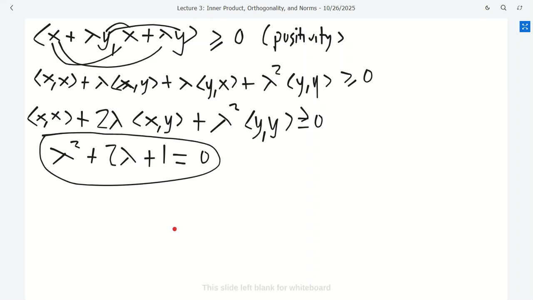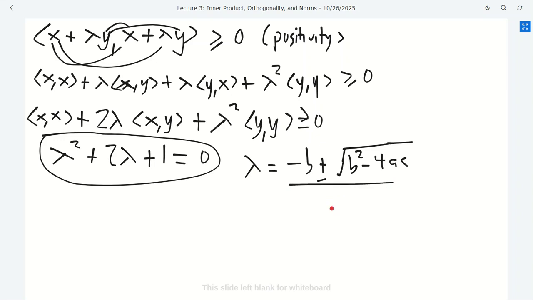If you are supposed to solve this, the answer is supposed to be minus b plus or minus the square root of b squared minus 4ac, all divided by 2a. Now this is our equation, but let's look at something right now.